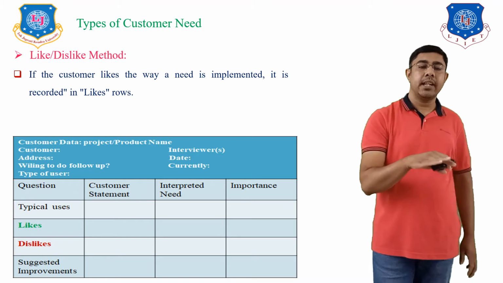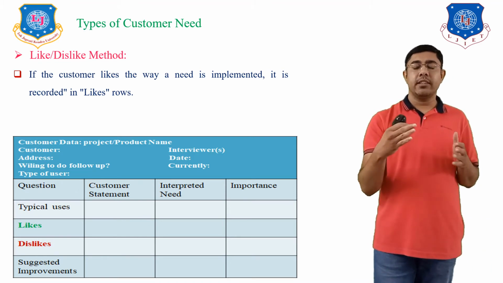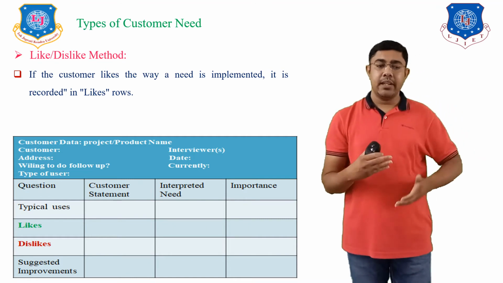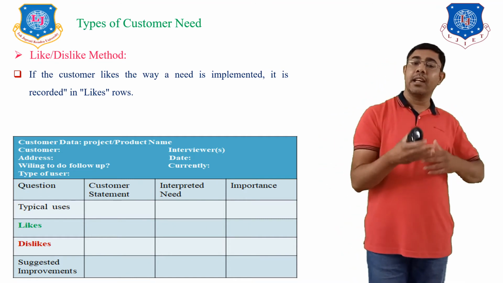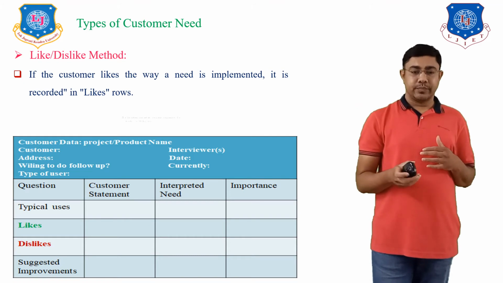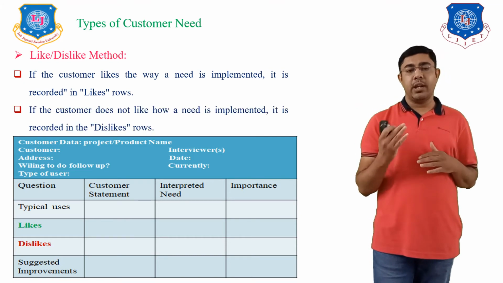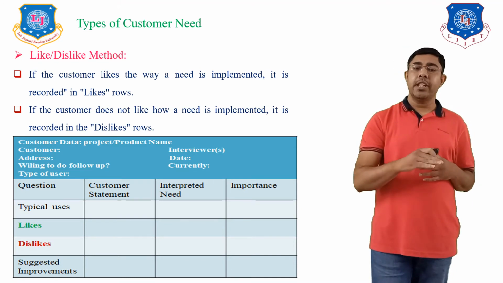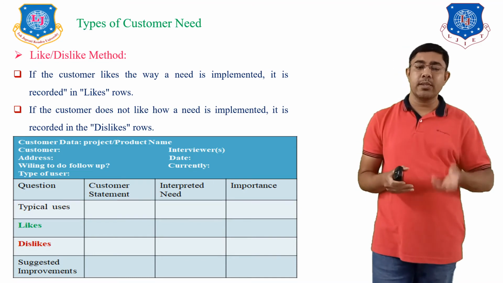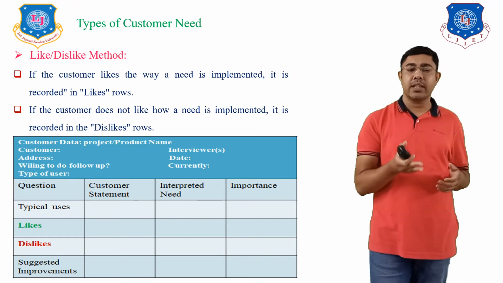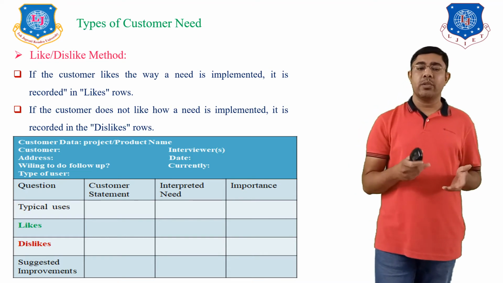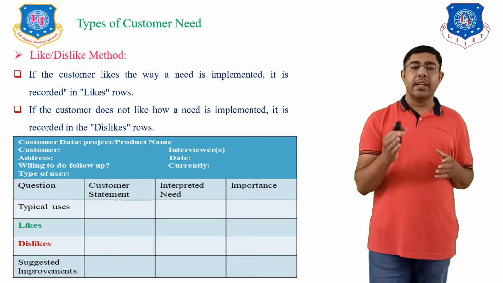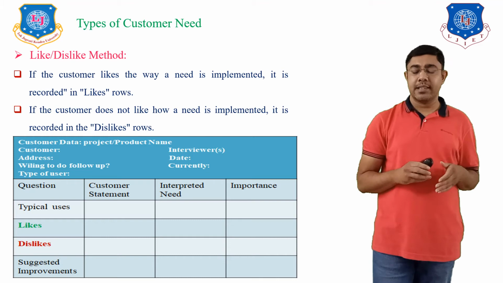If the customer does not like how a need is implemented, it is recorded in the dislike row.